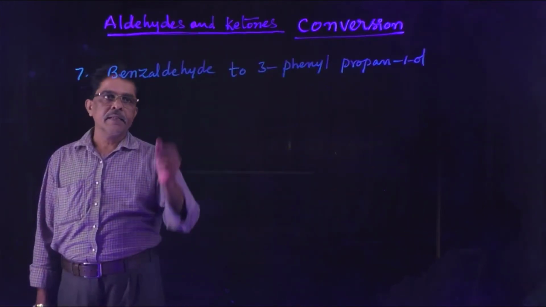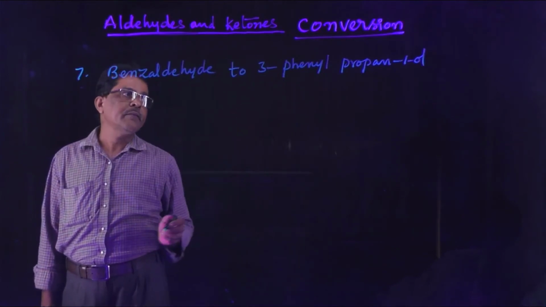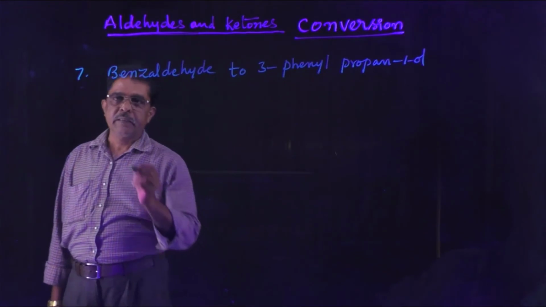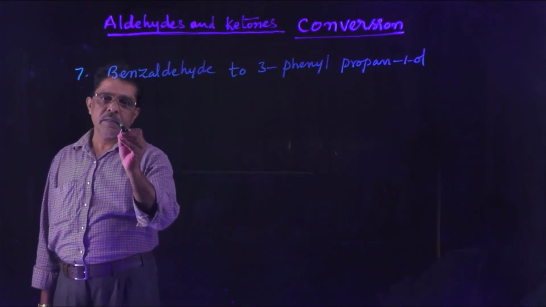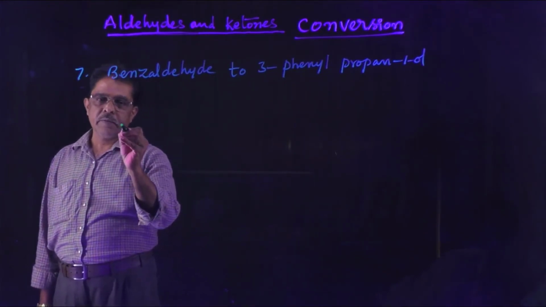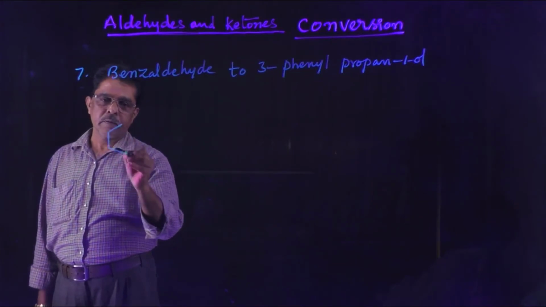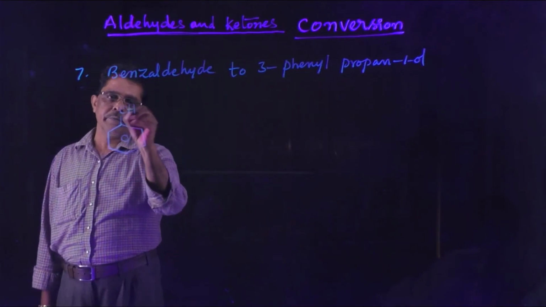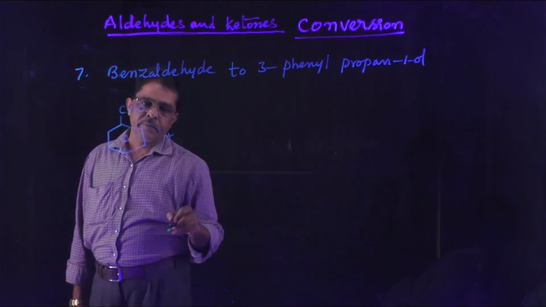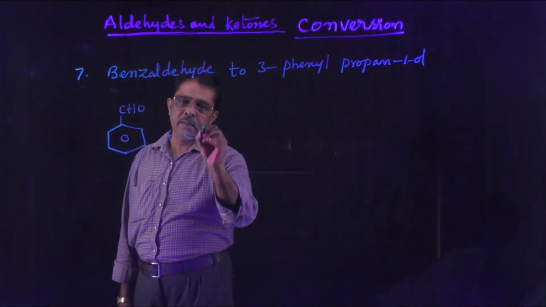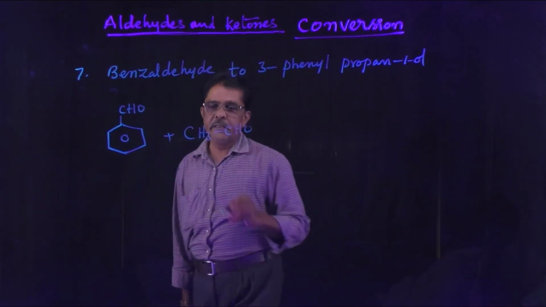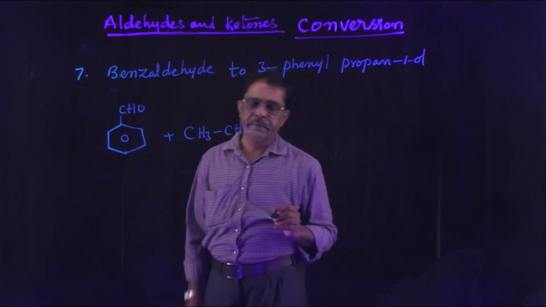Next conversion is what? Benzaldehyde to 3-phenyl-1-propanol. So here the benzaldehyde formula, you know very well, C6H5CHO, right? Then it is reacting with CH3CHO, that means acetaldehyde.